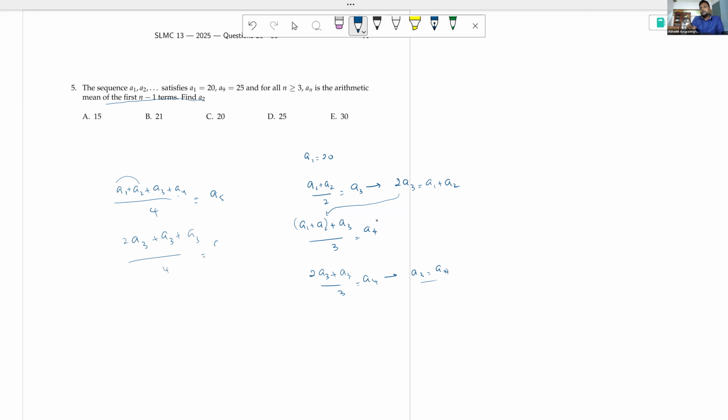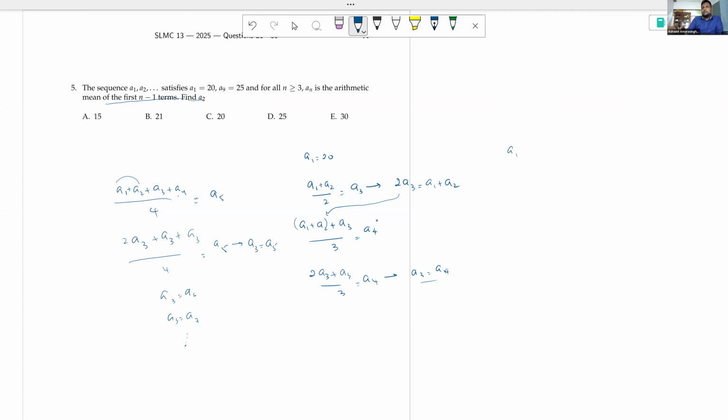So you get a5. So now you can see a3 is equal to a5. And then you continue this pattern, you can see that a3 equals a6, a3 equals a7, and so on. So all these terms are the same.